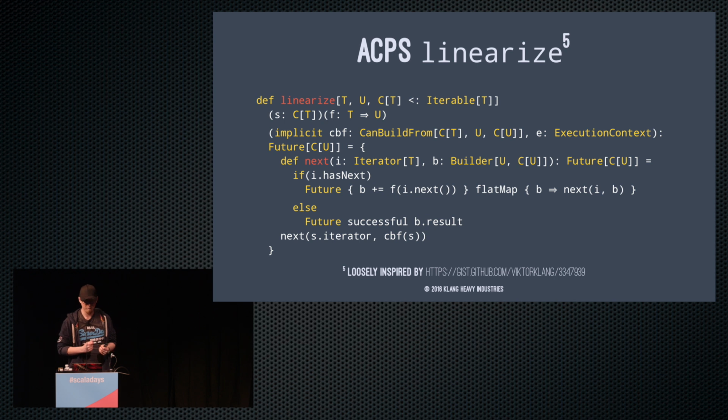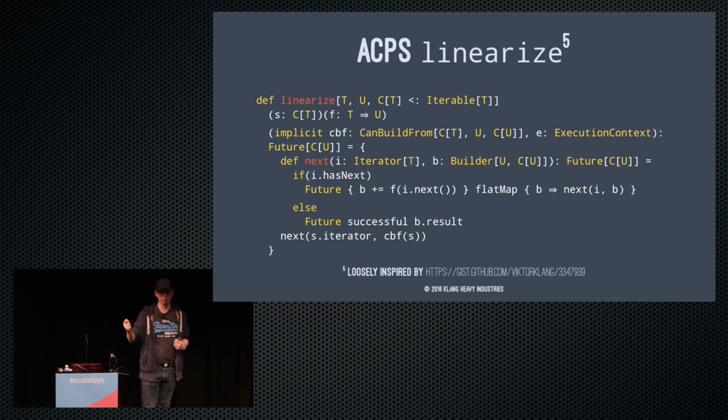Right? We do flatMap, we have the builder, we apply the next step. So we're essentially doing async recursion. And since we're calling next, once it no longer has next, it will return a future that has the successful value of the result of the builder.